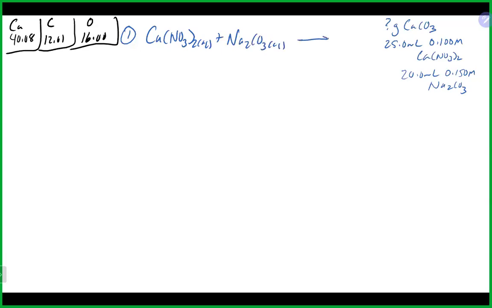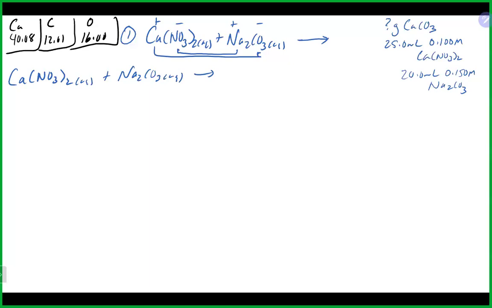And once again, you should recognize this as a double displacement reaction. We're going to basically switch partners here on the other side. So I'll just go below since I just kind of run into it. So calcium nitrate plus our sodium carbonate.